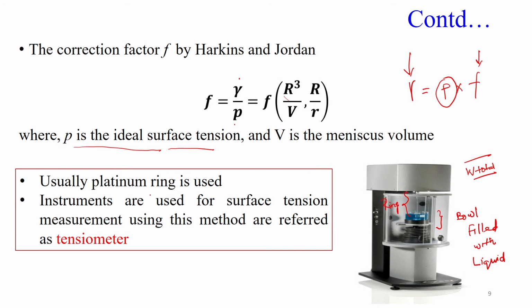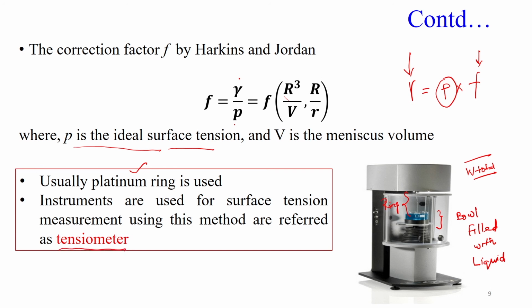Typically, the material used for the ring should be inert, so that it does not interact either physically or chemically with that particular liquid. So, we use the platinum ring because it is light as well as inert, and this instrument is known as the tensiometer.